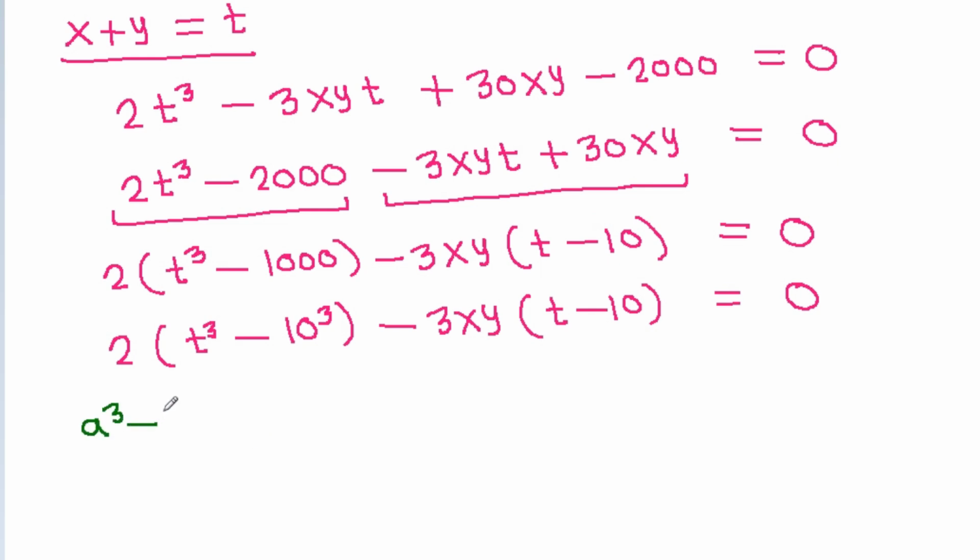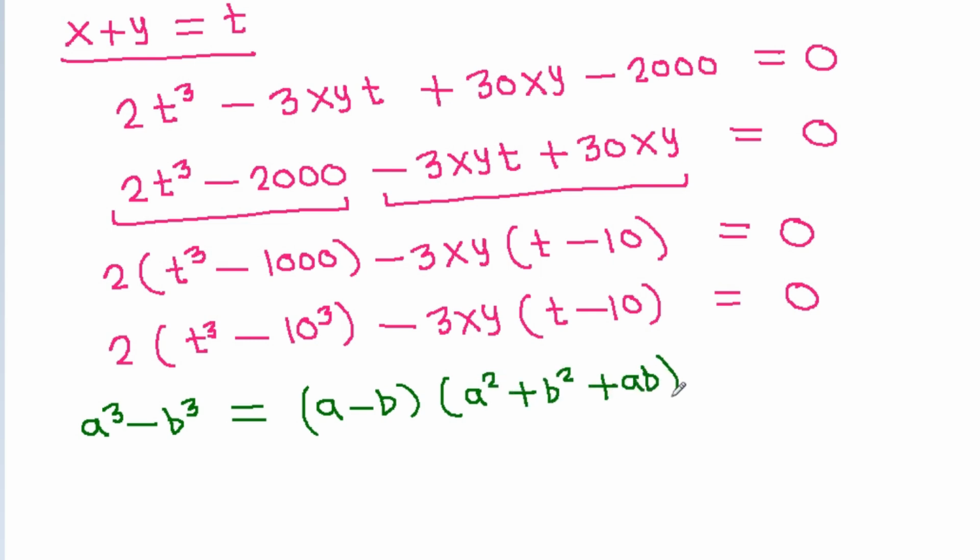And a cube minus b cube is equal to a minus b times a square plus b square plus ab.